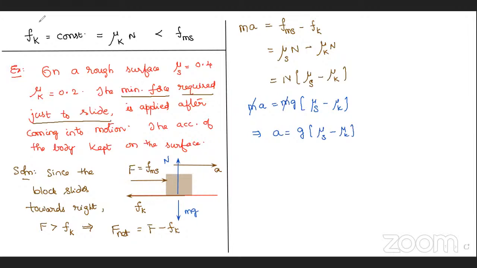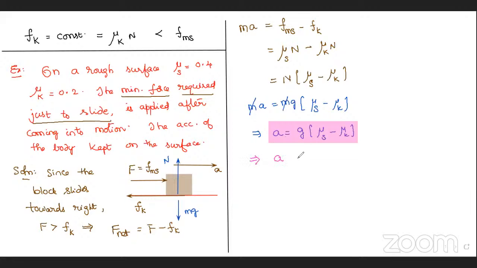In any problem, suppose they say the minimum force required to slide is applied after coming into motion, directly I can use this formula without deriving all these things in an objective exam.